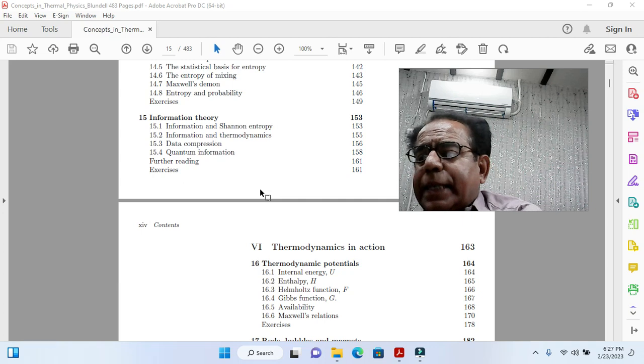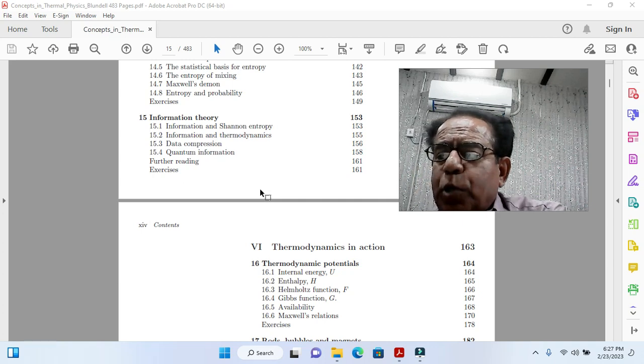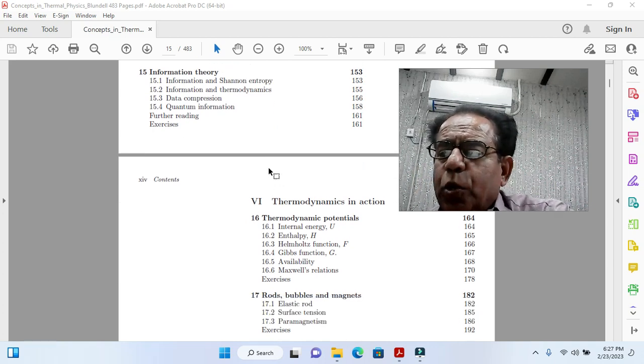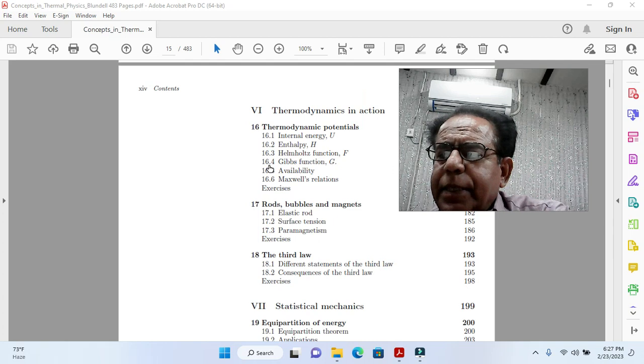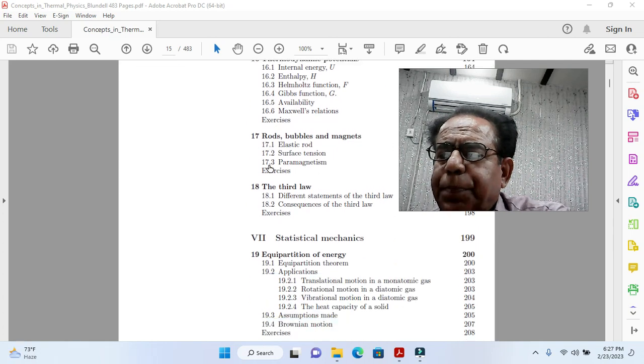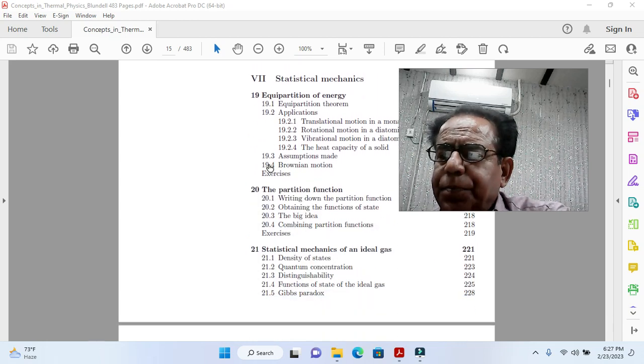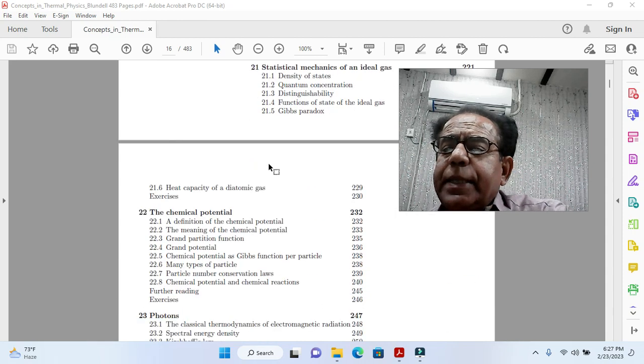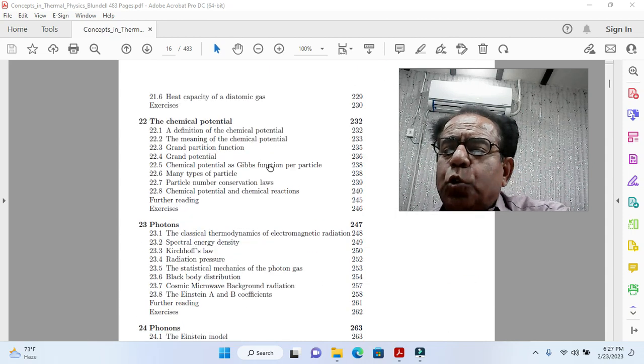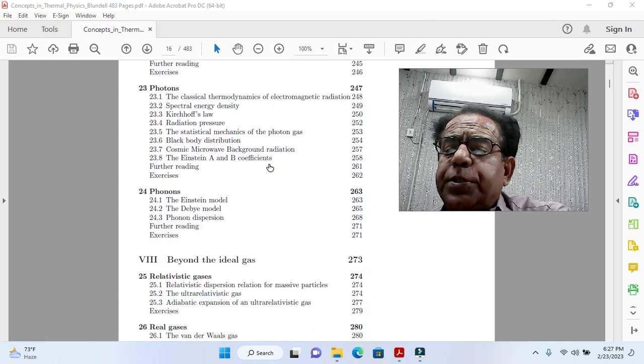Entropy, information theory. Then part 6, thermodynamics in action, thermodynamic potentials, rods, bubbles and magnets. The third law of thermodynamics. Part 7, statistical mechanics, equipartition of energy, the partition function, statistical mechanics of an ideal gas, the chemical potential, photons, phonons.